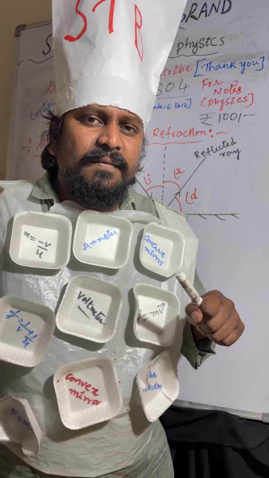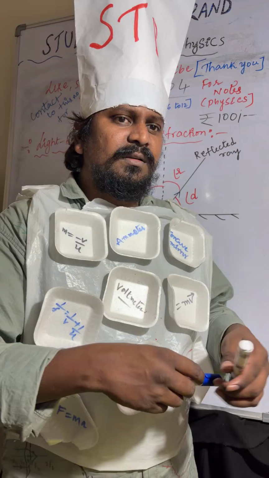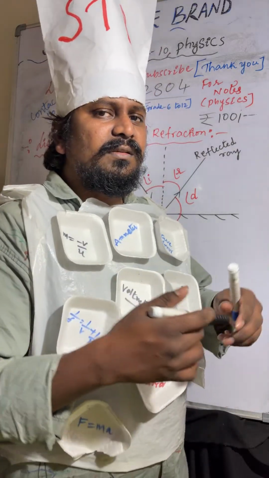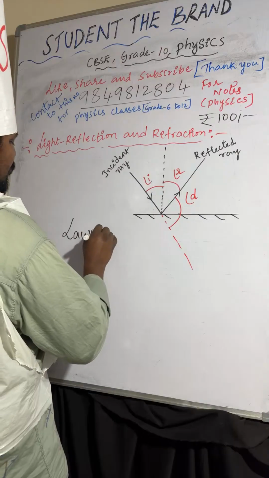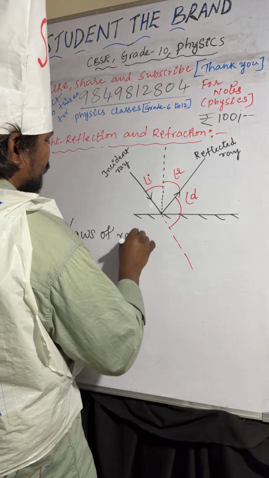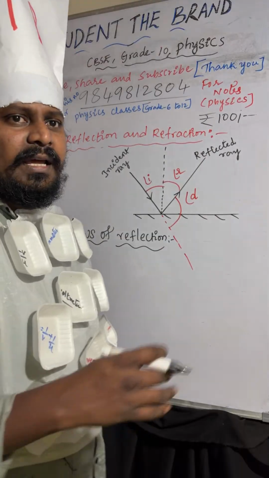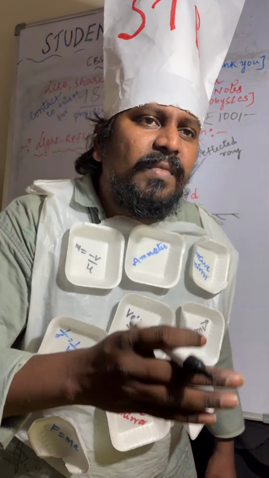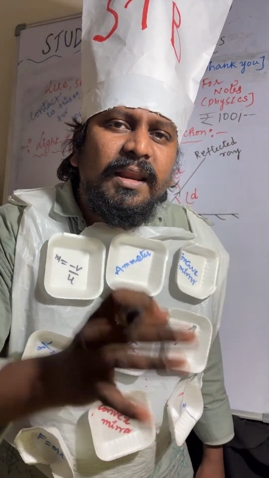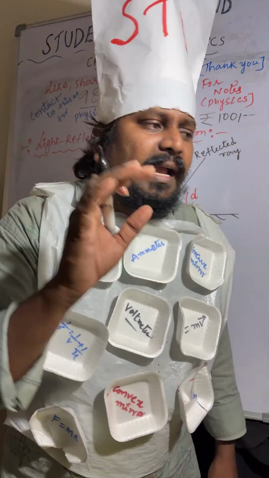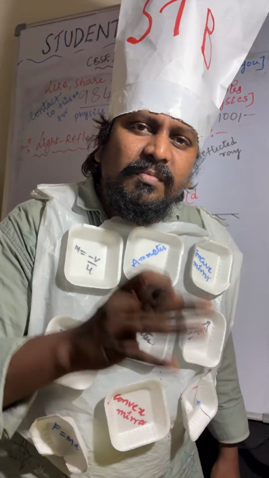Coming to the laws of reflection. Here you can observe: point number 1, the incident ray, reflected ray, and normal line lie on the same plane.